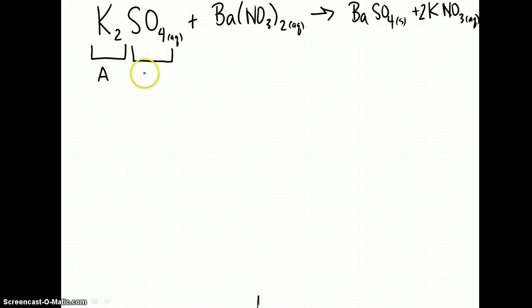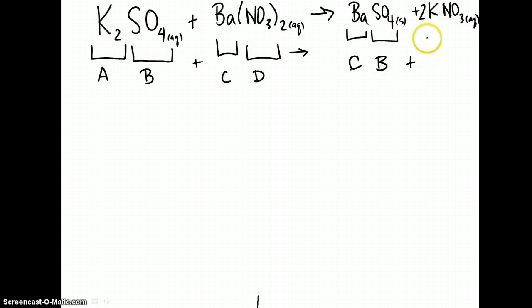This one, anion, will be my B, plus this one here will be C, and this one will be D, reacting for this one to be C, combining with B, and A combining with D. So it follows our expected pattern of AB plus CD results in CB plus AD.